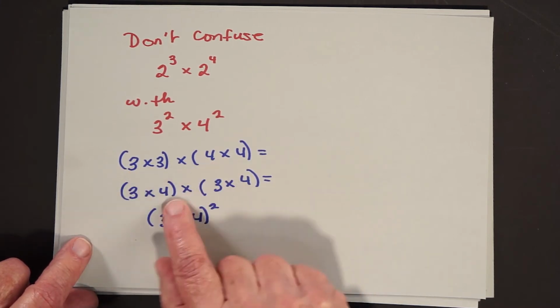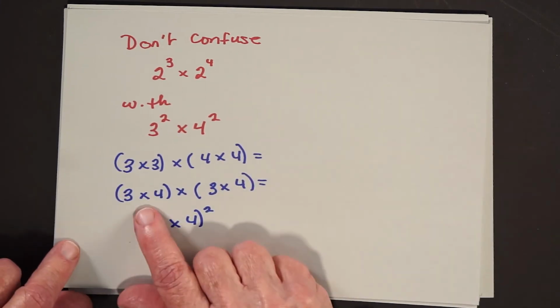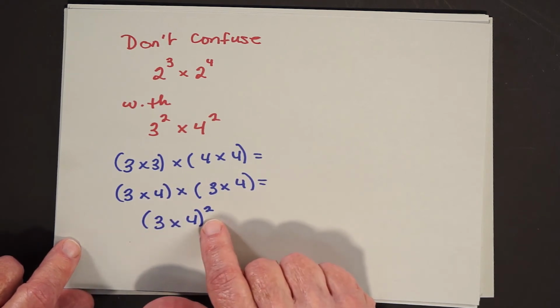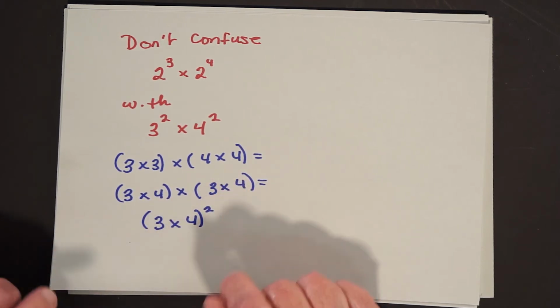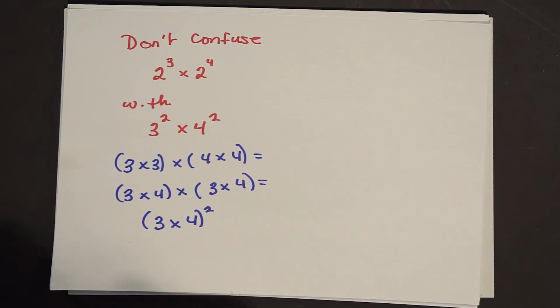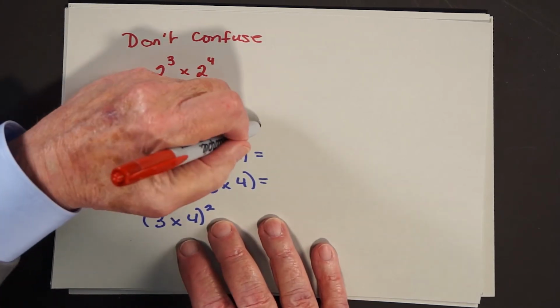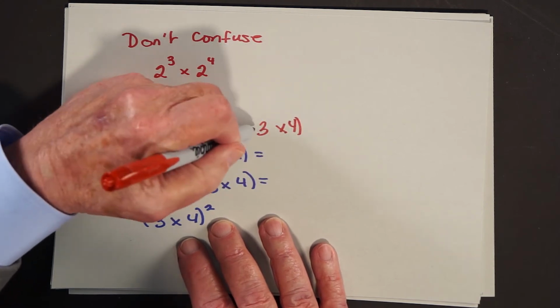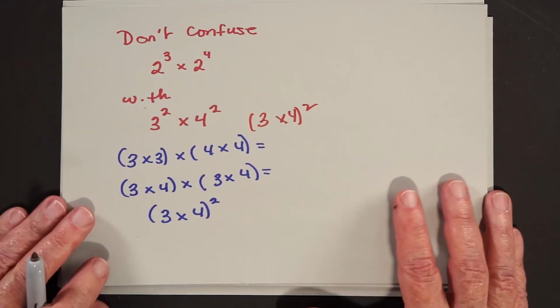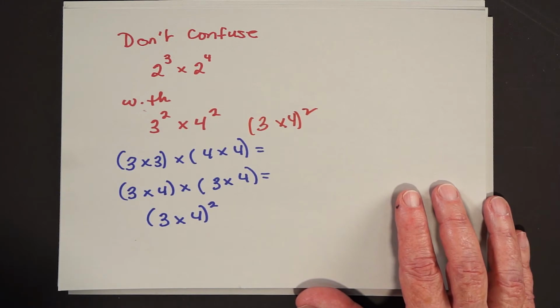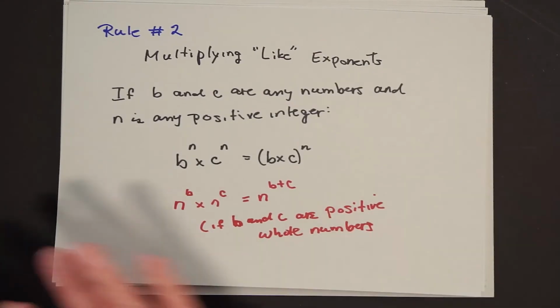See, 3 times 4 times 3 times 4. That's 3 times 4 to the 2nd power. And it kind of looks like all we did was look at this part without the exponents and just put the exponent outside. Okay? And this might lead us to what the general rule might be.